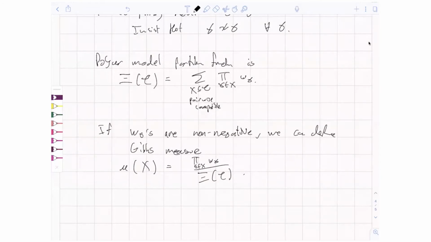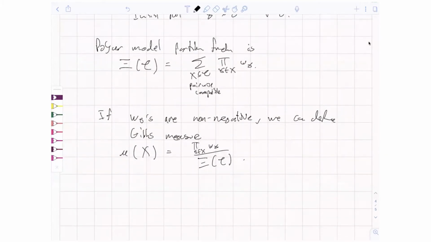So this is the abstract polymer model. Just from this collection of objects, compatibility relation, and weight functions, we can define this partition function. Let's see a couple examples. The first example is the obvious one, the multivariate hardcore model. In a sense, the abstract polymer model is just a multivariate hardcore model.